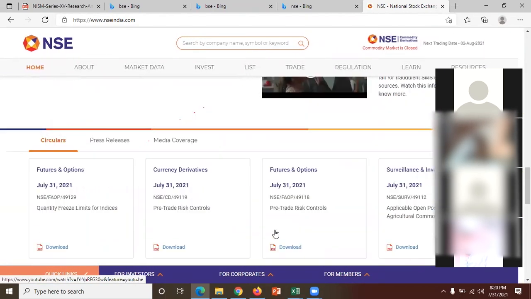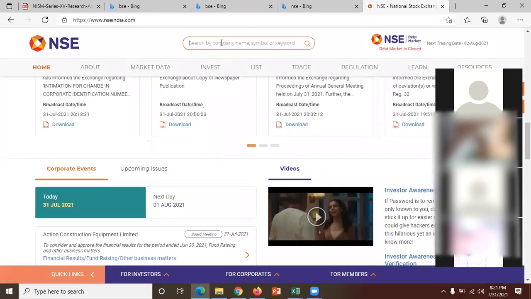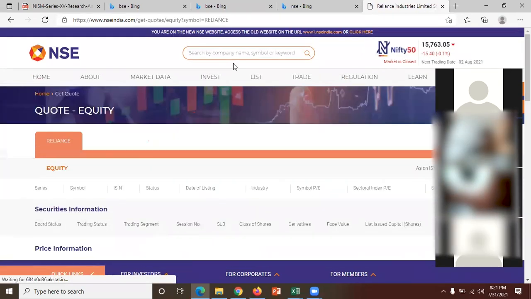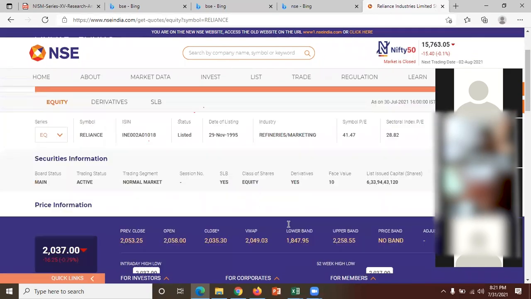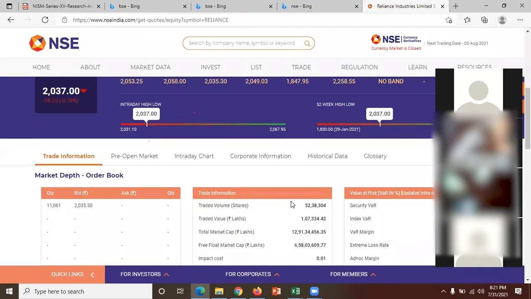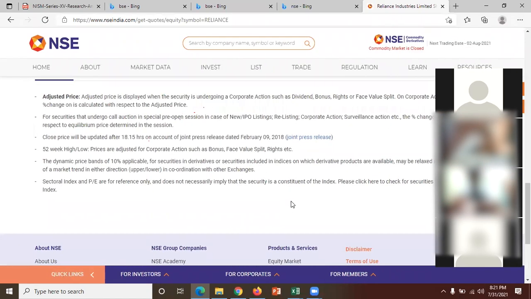You will get everything. You can select the company. For example, I selected Reliance. Reliance related everything would be there, for investors, corporates, for members, right? Circuit limits you also come to know from here. What is OI, what is VWAP.